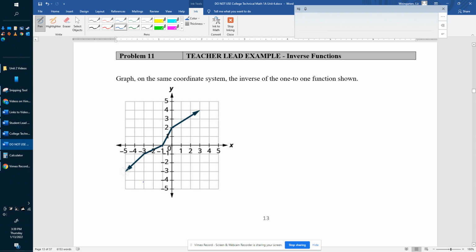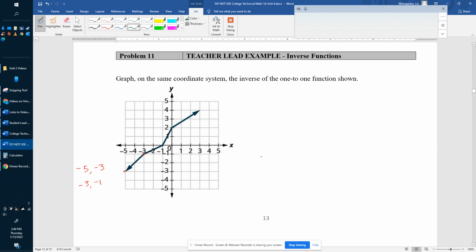Look at this point. I'm going to use red, it's a little bit easier to see. So we have the point -5, -3. And this little line segment ends here at -3, -1. So to have the inverse of these points, I'll change colors.